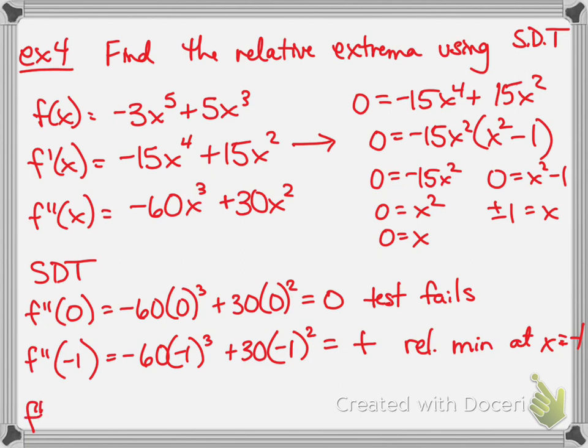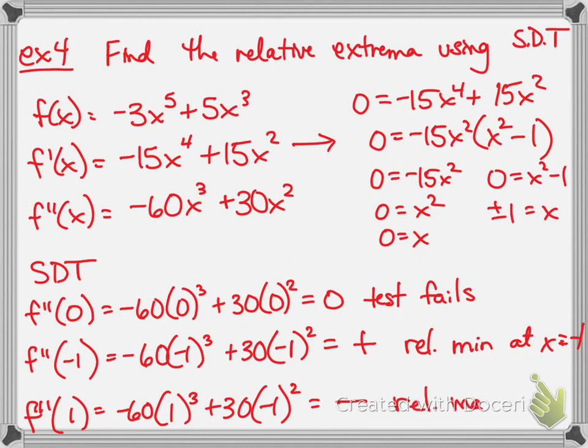And last, we'll plug in the last critical number, which is 1. And it's going to have a negative answer. So that's a relative max at x equals 1. Okay, that's it.